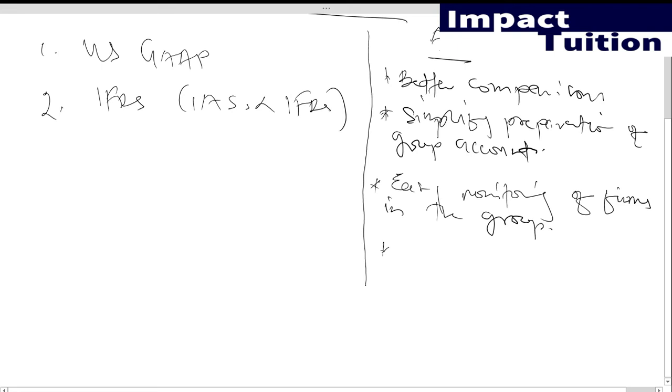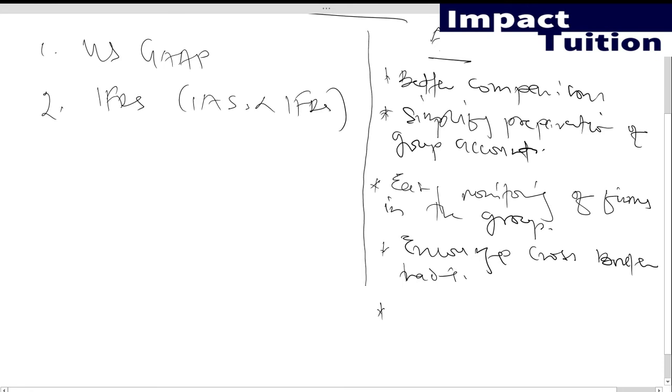Convergence may also encourage growth in cross-border trading because entities will find it easier to assess the financial position of customers and suppliers in other countries. Self-explanatory. So convergence will encourage cross-border trading. Good.